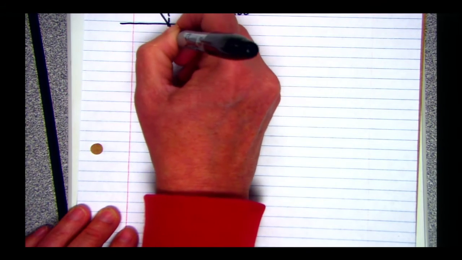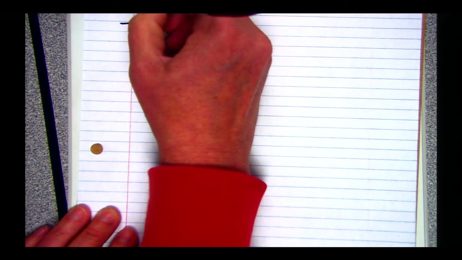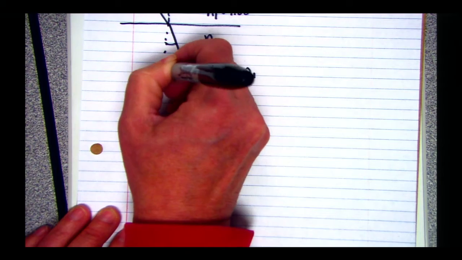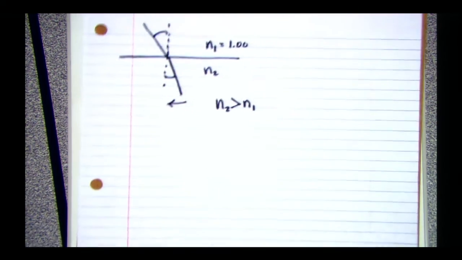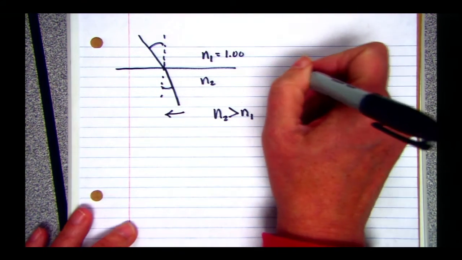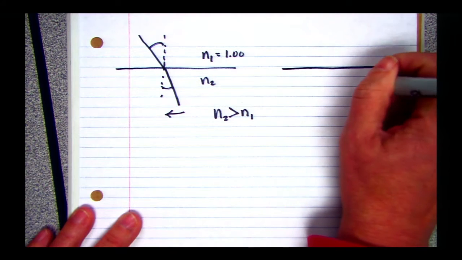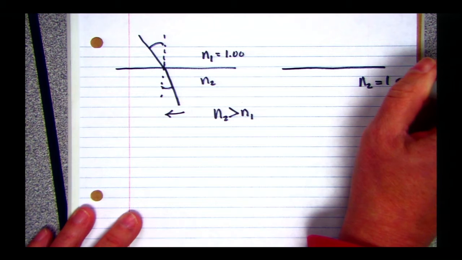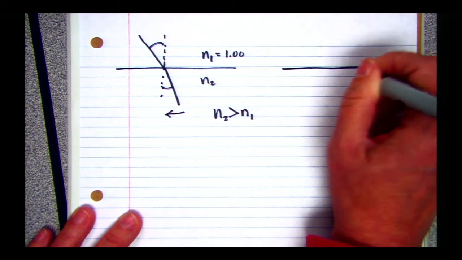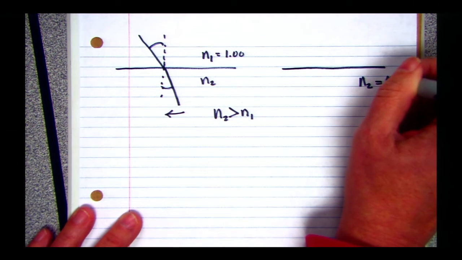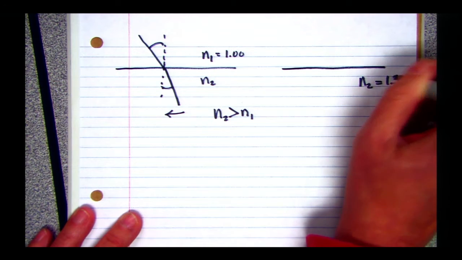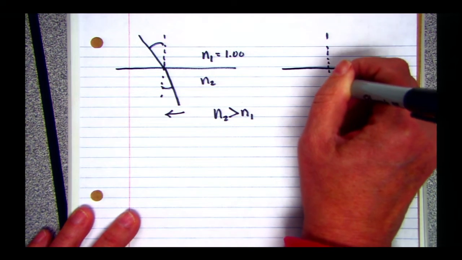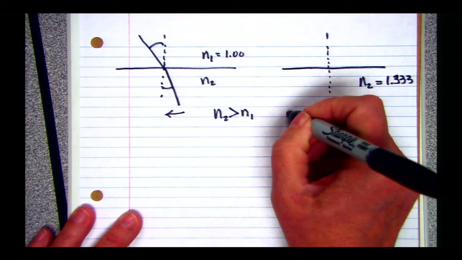Now if I go the other way, where N2 is still the greater one, we'll say it's 1.33, we'll go ahead and use water. If I have my ray coming up from here, this is going to bend away from the normal if this is air.